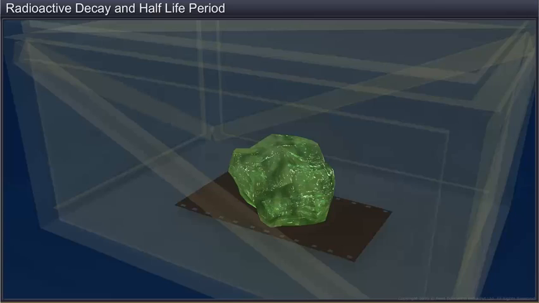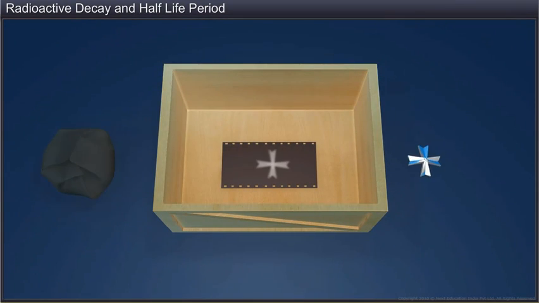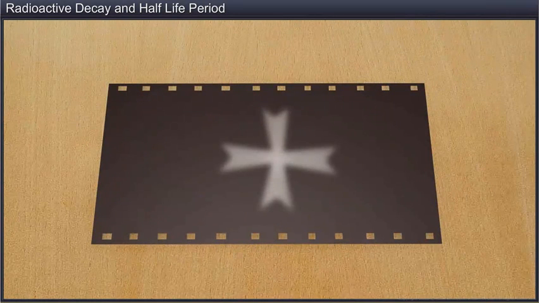Some days later, when Becquerel took the mineral out, he noticed that the photographic film appeared fogged. Becquerel reasoned that the material emitted fluorescence even in absence of sunlight. When the photographic film was developed, Becquerel found that the film was fogged with an image of the Maltese cross.